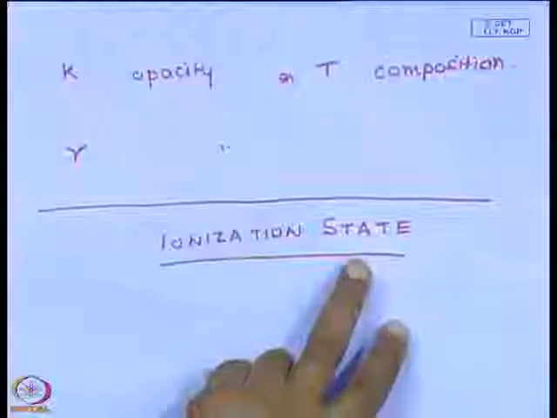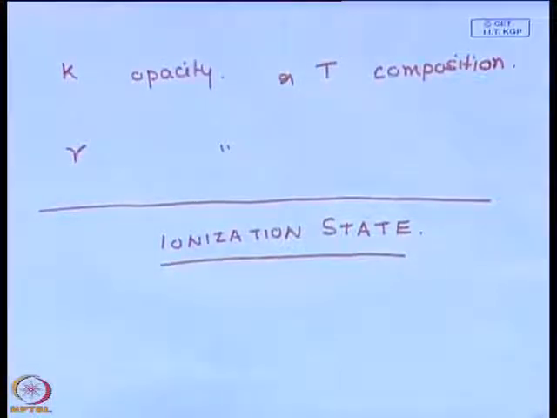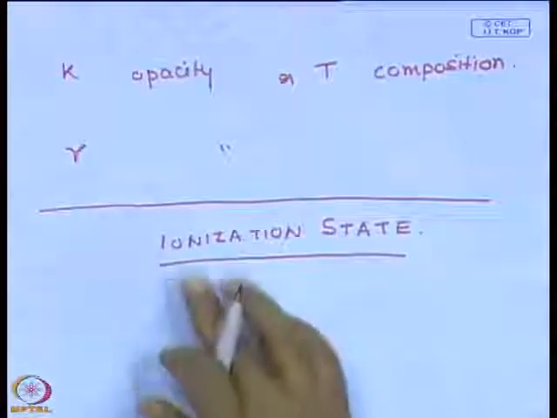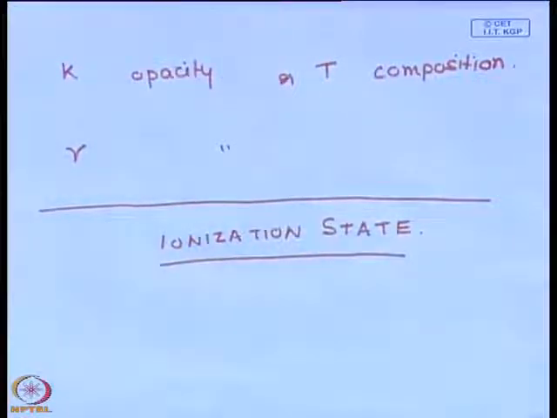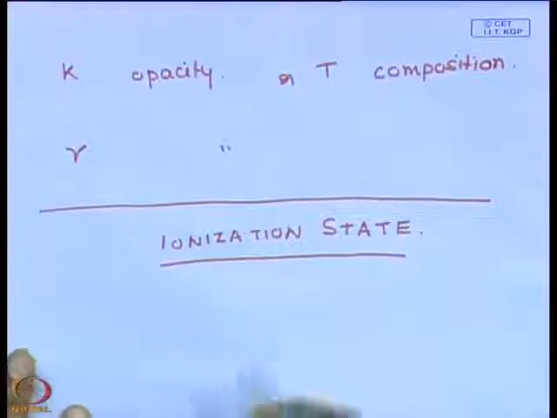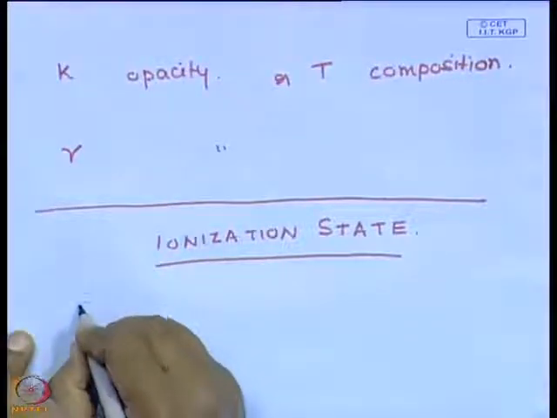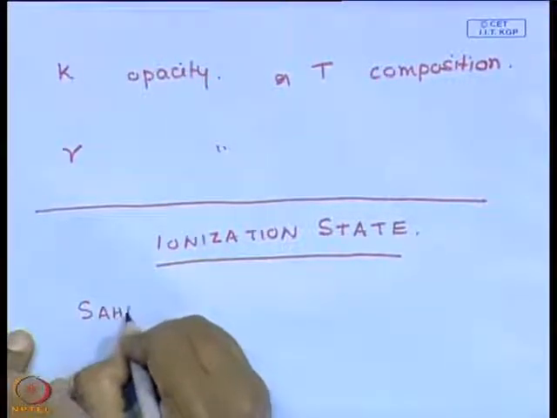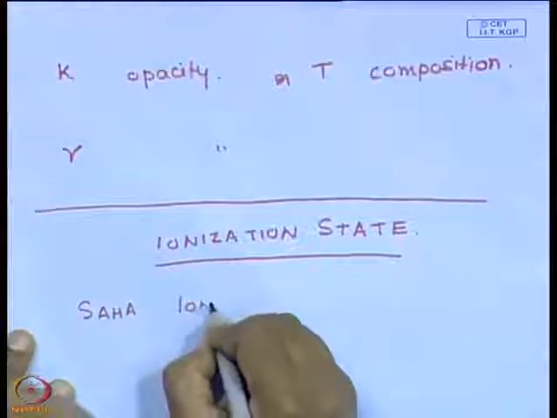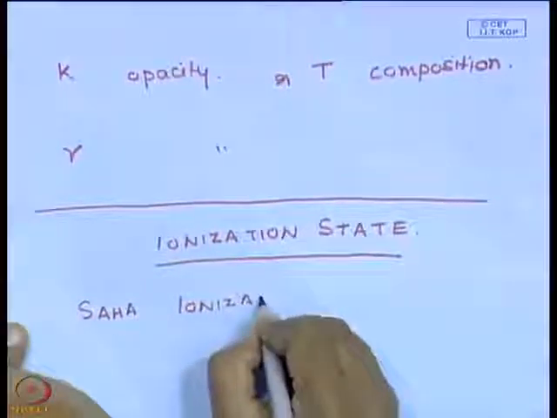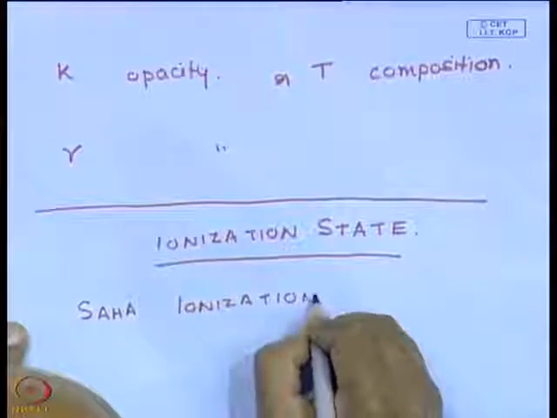So, one needs to solve for the ionization state of the material inside a star simultaneously with all of this, okay. And the ionization state for any species tells us what is the ratio of the fraction that is ionized to the neutral fraction, okay. So, you have to calculate essentially this, and this has to be calculated using the Saha ionization equation.